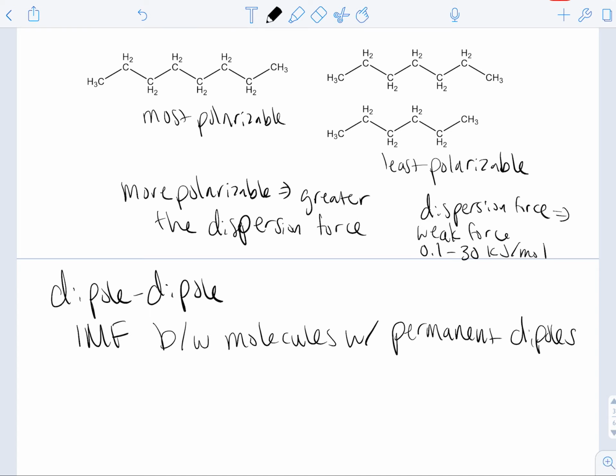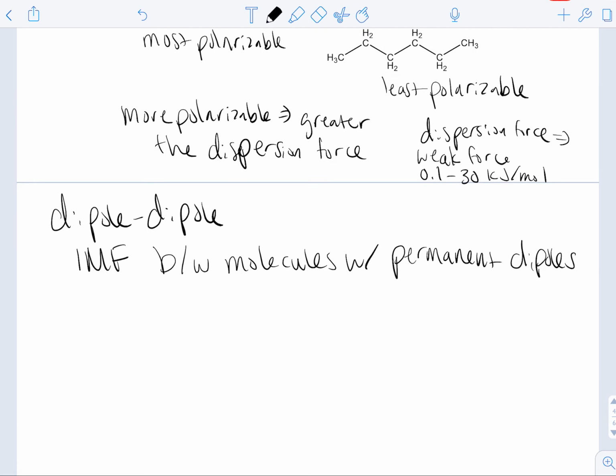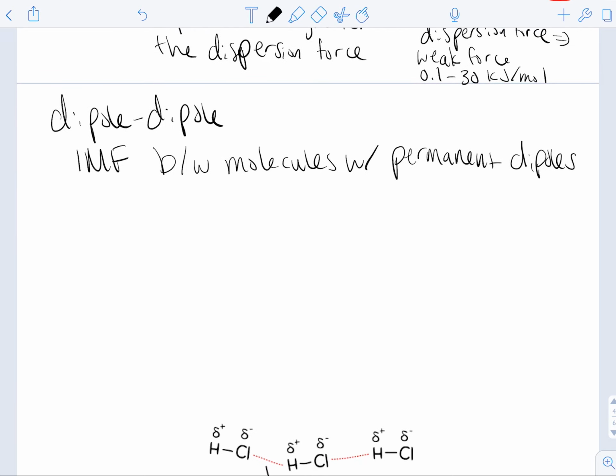So we can look at the energy of these interactions. Our dipole-dipole is going to be a stronger force because instead of having induced dipoles, we have permanent dipoles. So they're going to be stronger. The Q value of our electrostatic force equation is going to be stronger.